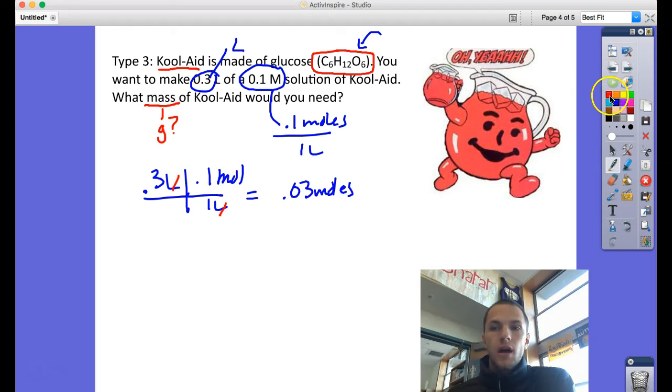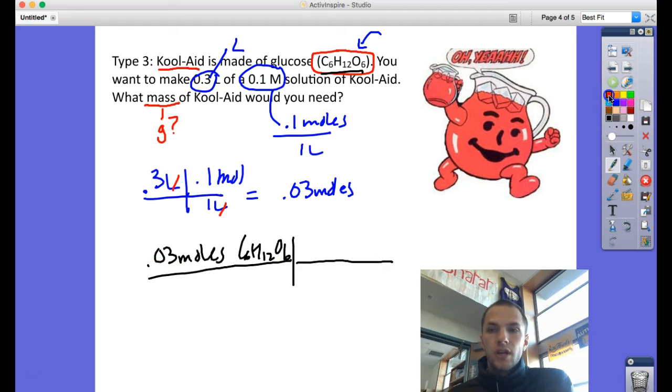Well, now I've got to take my knowledge of stoichiometry, my conversions. If I have 0.03 moles of Kool-Aid, which has this formula, C6H12O6, I need to convert that into grams using the molar mass of this compound on the periodic table. So I check the periodic table, and when I do that, I see that it has a molar mass of about 180 grams per mole. So I need to plug that in appropriately.